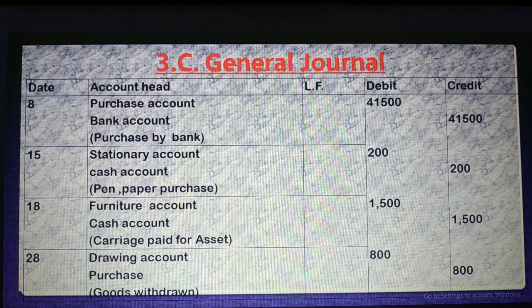Then furniture bought, carriage expenses paid for furniture bought. That means earlier you bought furniture, now that furniture is being brought to the institution. So dear student, if we paid any types of expenses for any asset, that time asset account debit. Dear student, this is one of the most important formulas, because most of the students will make a mistake by writing carriage.